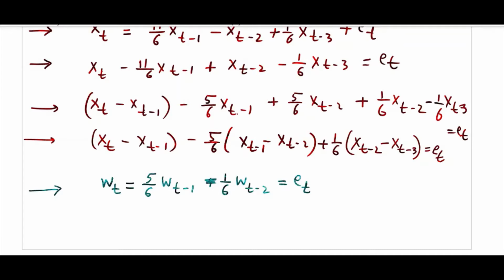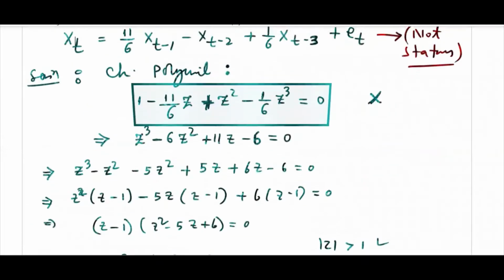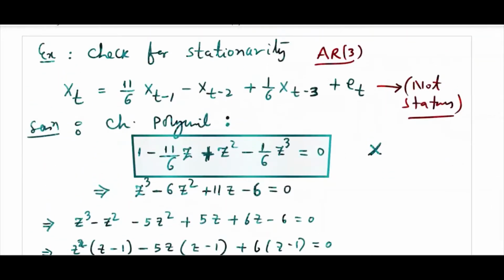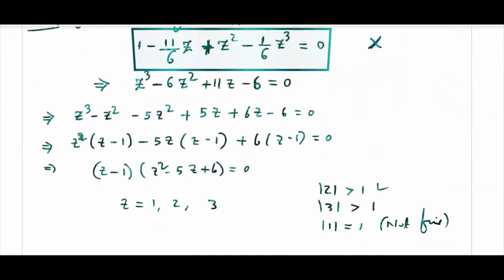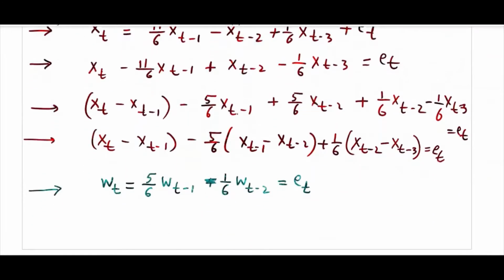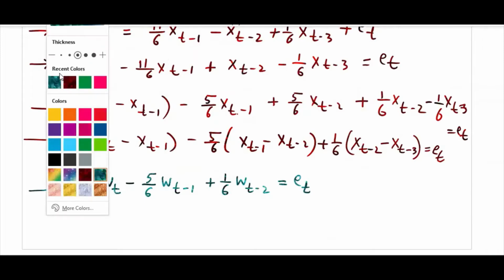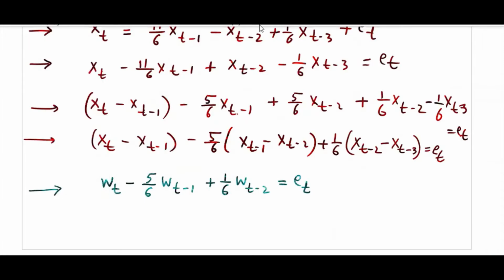Okay, this is the AR2 process. Earlier we had an AR3 process, now we have AR2, but we want to see it this way, with the terms on the left hand side. That's a separate thing, and we'll check the roots now.